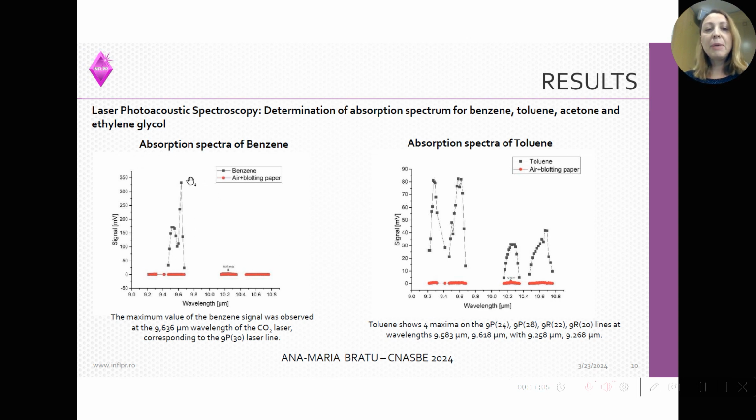Benzene presents a very particular absorption at this line. For toluene, we see that it presents 4 peaks of absorption, but the maximum value was found at 9P28, which corresponds to a wavelength of 9.618 micrometers.